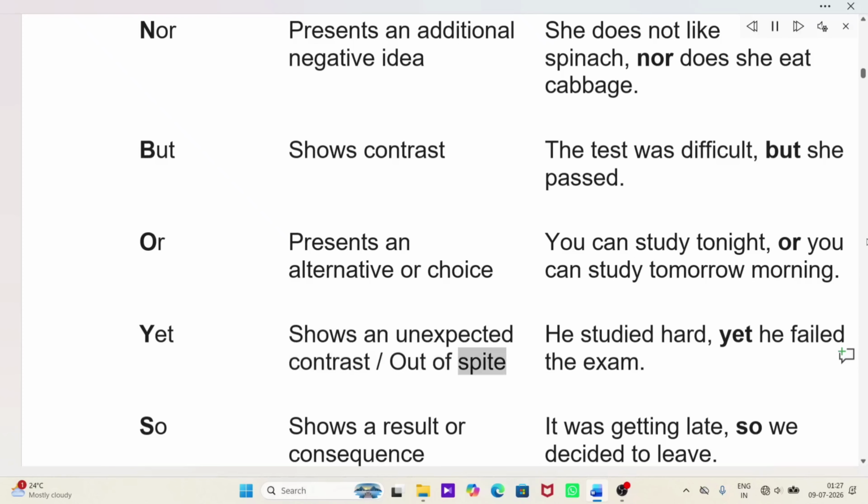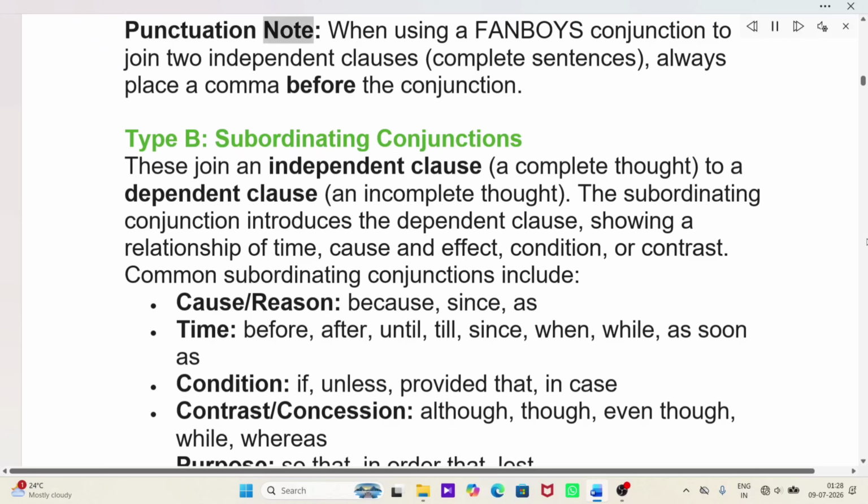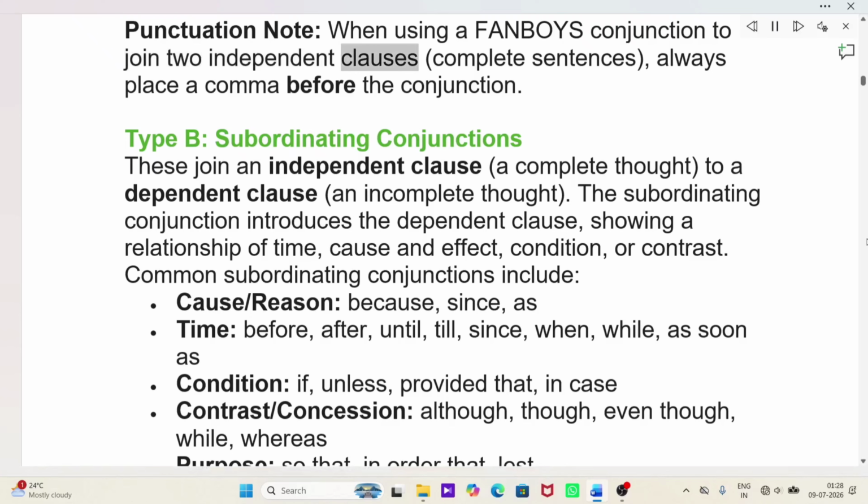He studied hard, yet he failed the exam. So: shows a result or consequence. It was getting late, so we decided to leave. Punctuation note: when using a FANBOYS conjunction to join 2 independent clauses, complete sentences, always place a comma before the conjunction.